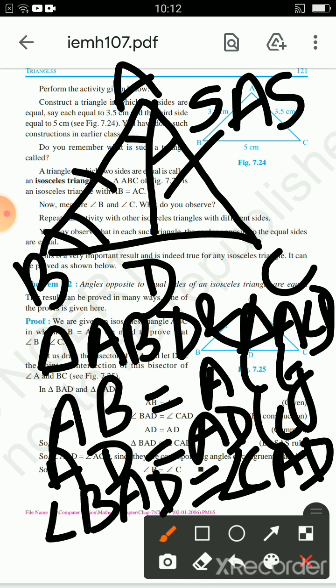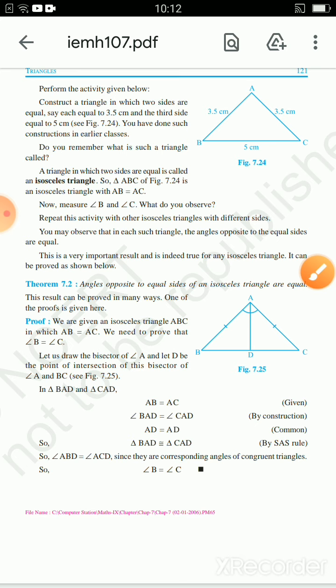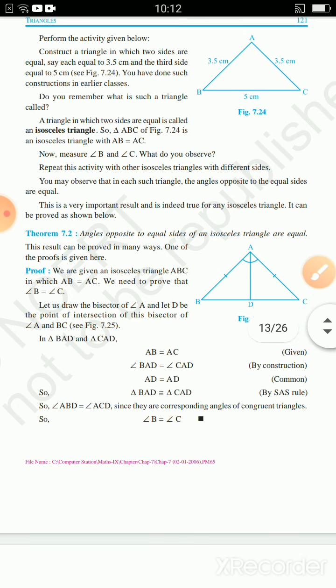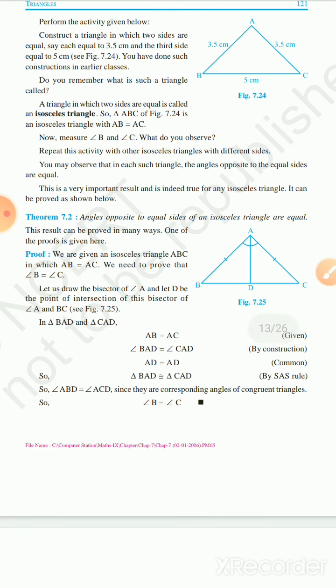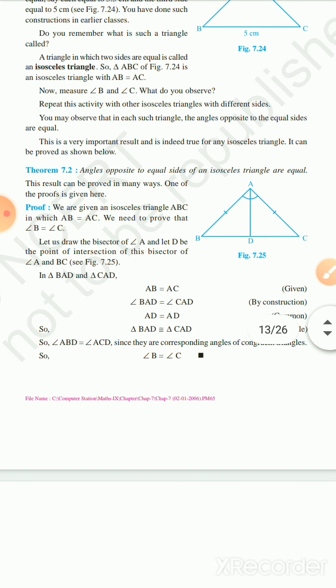So triangles ABD and ACD will be congruent to each other by side angle side. When they are congruent, then angle ABD will be equal to angle ACD by CPCT. You can use this theorem as a statement reason for the questions that you are going to get to prove.